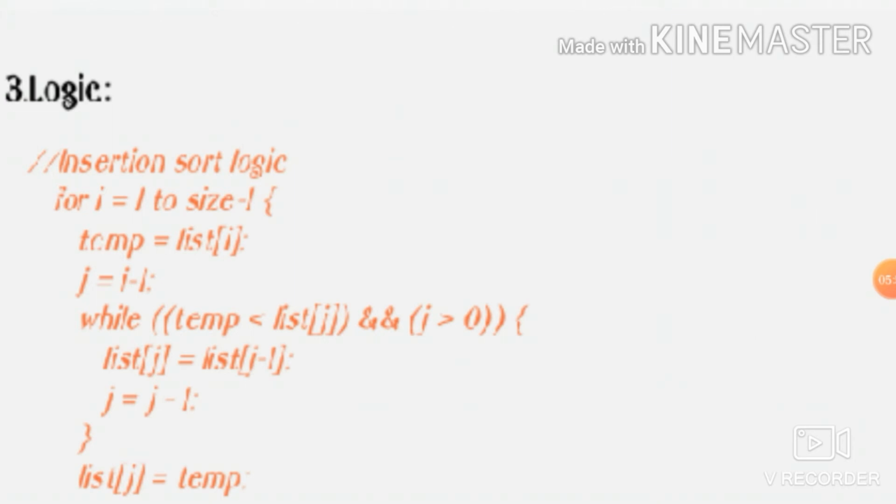While temp is less than the array element and j is greater than or equal to 0, list of j is assigned to list of j plus 1, where j is decremented, j equals j minus 1, and at last temp is assigned to list of j plus 1. In the next step we will discuss the program.